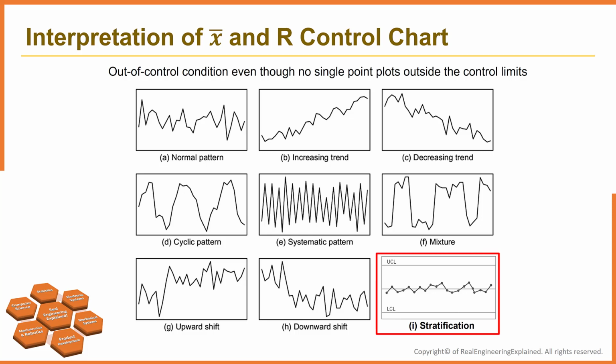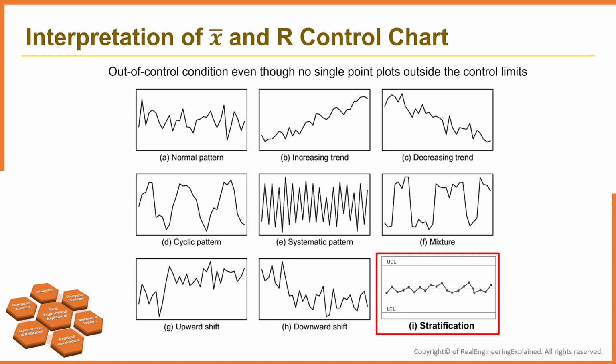The last pattern is stratification, or the tendency for the points to cluster around the center line. One potential cause of stratification is incorrect calculation of control limits. This pattern may also result when the sampling process collects one or more units from several different distributions within each subgroup.